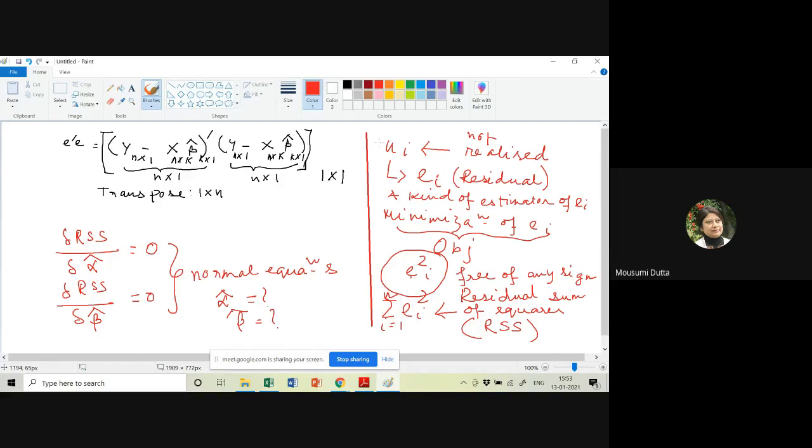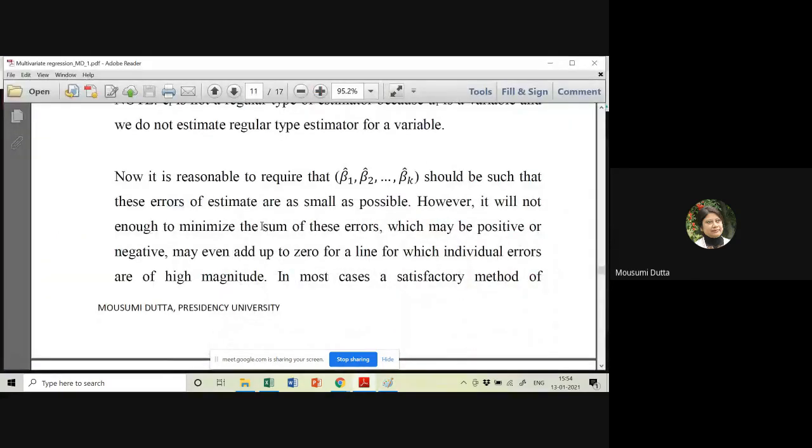So this is ui, whereas this ei, the residual, is the difference between the two. And as we incorporate this difference, ei becomes a function of all estimated parameters, and therefore we can realize it. We can work with this.